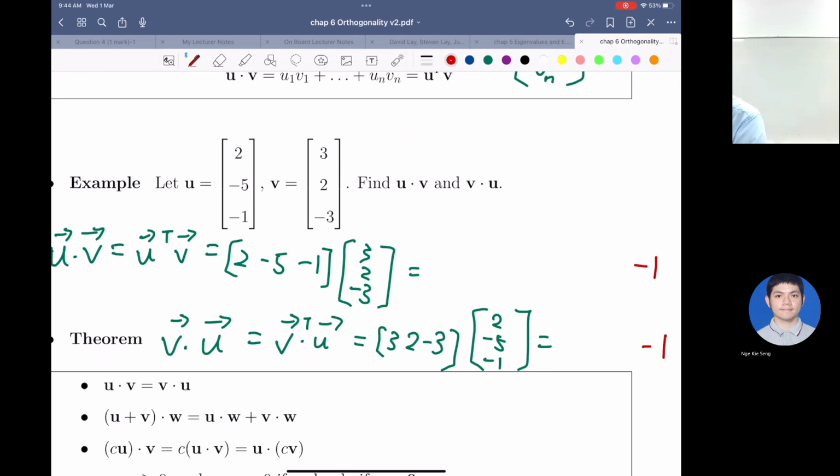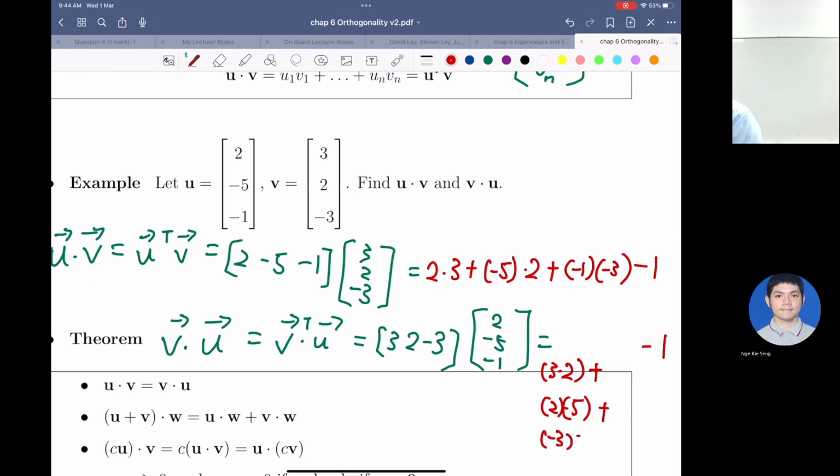So how do you compute? You use the matrix multiplication. Row times column. 2 times 3 plus -5 times 2 plus -1 times -3. And for the other one, 3 times 2 plus 2 times -5 plus -3 times -1.